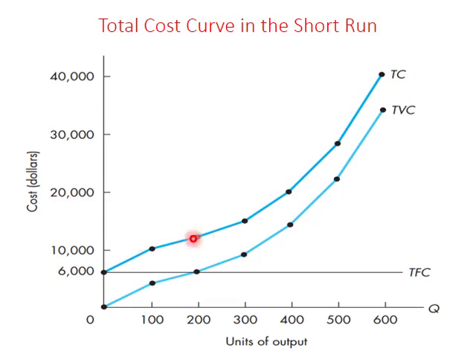This is a graphical representation of total fixed cost, total variable cost, and total cost. As you see, the y-axis represents the cost and the x-axis represents units of output. So the total fixed cost is 6,000 whether we produce 0 output or we produce 600. The total fixed cost remains constant, that is $6,000. Whereas when we produce zero, the total variable cost will be 0.